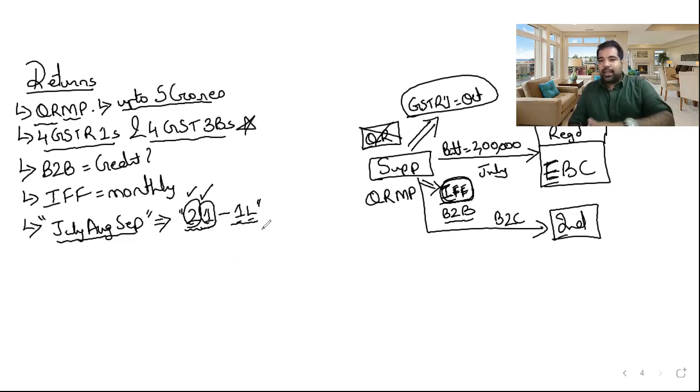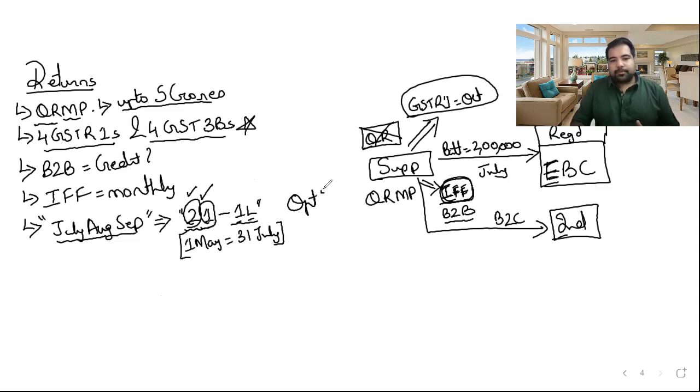In July, August, September, the first month is July, the last day of July, that is 31st July. So from 1st May to 31st July, you can opt in any time. Once you opt in, you remain in this scheme unless you opt out or cross 5 crore turnover.